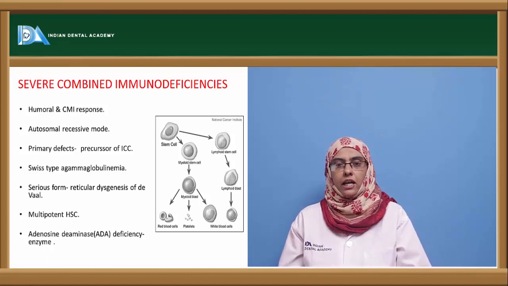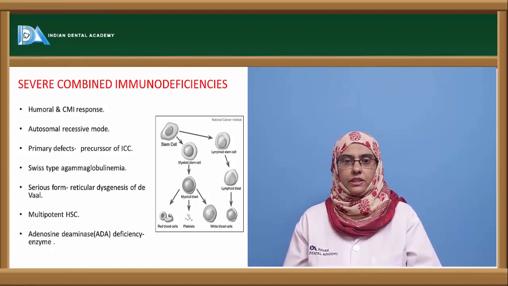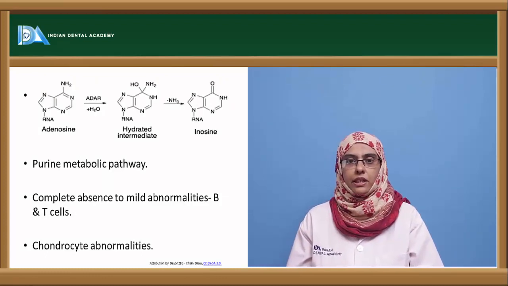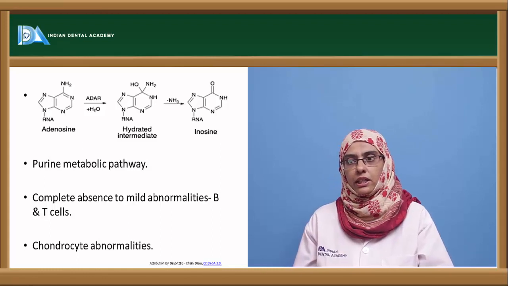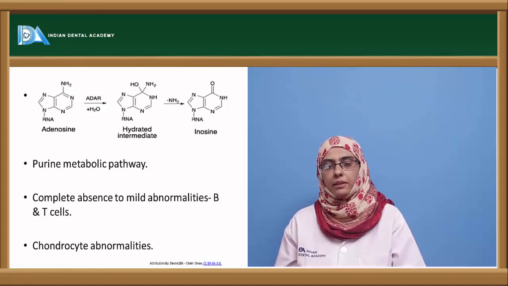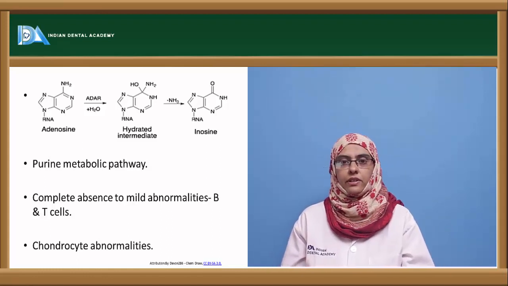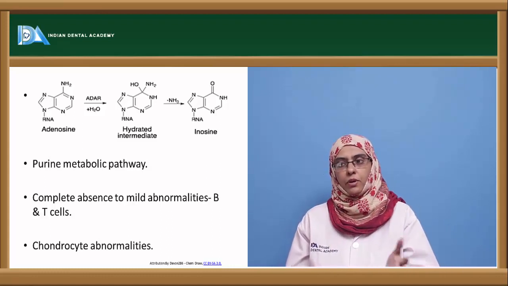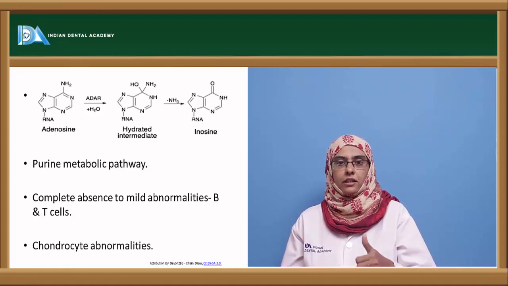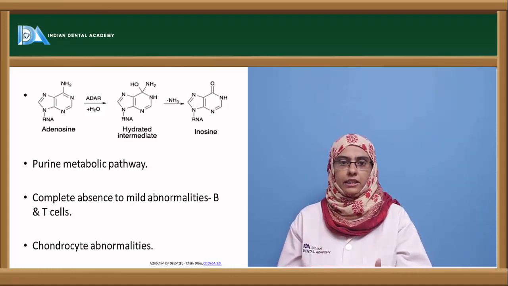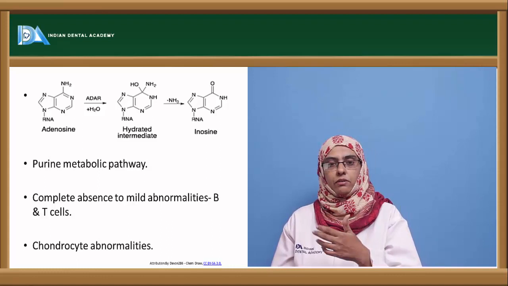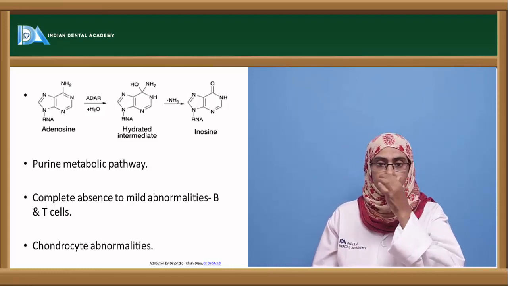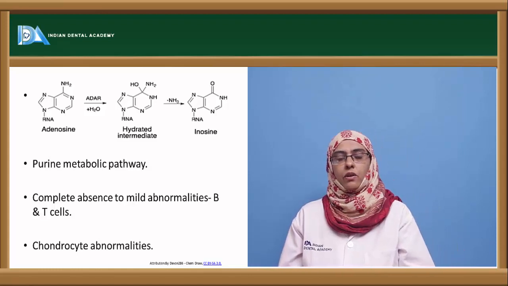And next is adenosine deaminase deficiency. It is the first enzyme deficiency that can be seen, and this enzyme is involved in the conversion of adenosine to inosine. So there is a metabolic pathway by which adenosine is converted to inosine. Its complete absence can lead to abnormalities, with abnormal production of B and T cells, and along with that a decrease or abnormal production of chondrocytes.